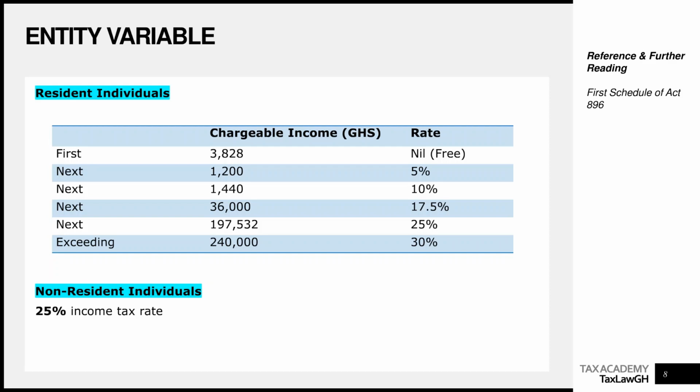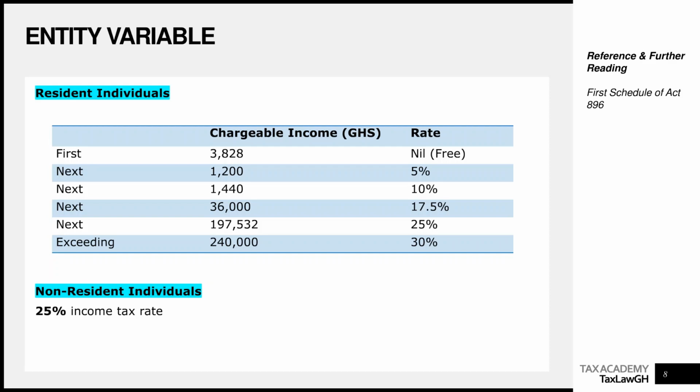So when we look at even planning for individuals under the entity variable, what we are saying here is depending on your resident status, you could suffer different income tax rates. Let's say, practical example, if you have a non-resident individual who is earning 5,000 cedis, remember that because they are non-residents and non-residents attract a flat income tax rate, their 5,000 cedis will attract 25% flat.